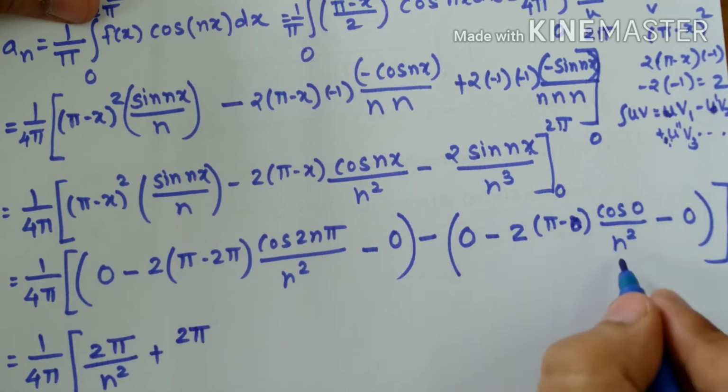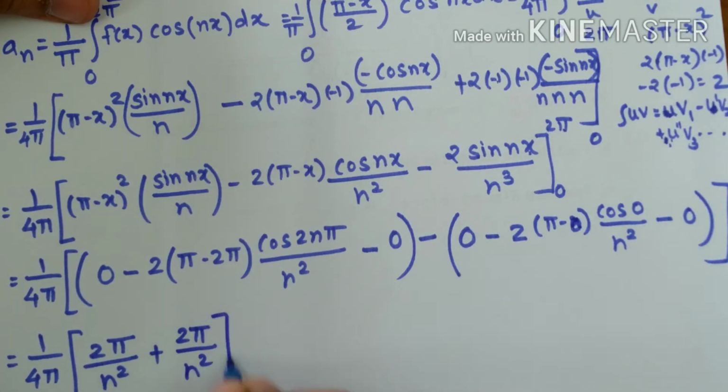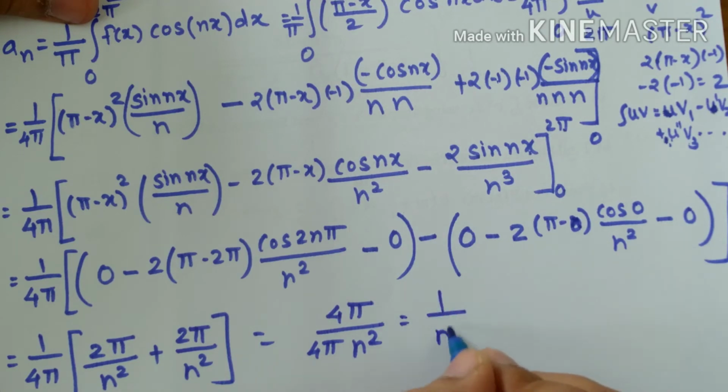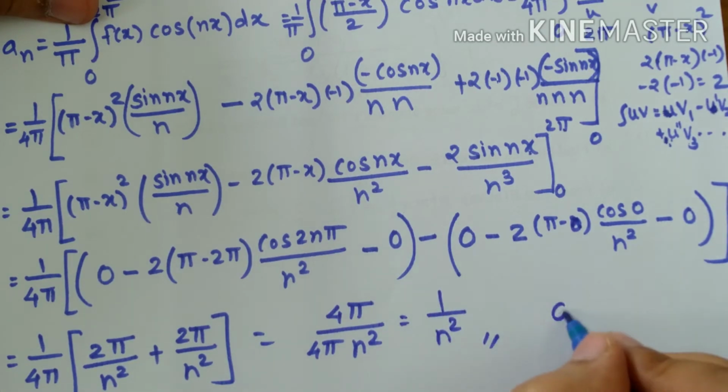Cos 0 is 1, divided by n square. So 2 pi plus 2 pi becomes 4 pi upon 4 pi into n square. So this is equal to 1 upon n square. So the value of an is 1 upon n square.